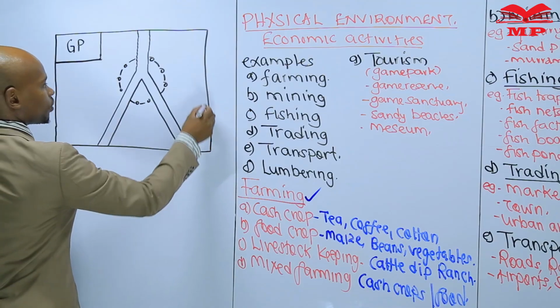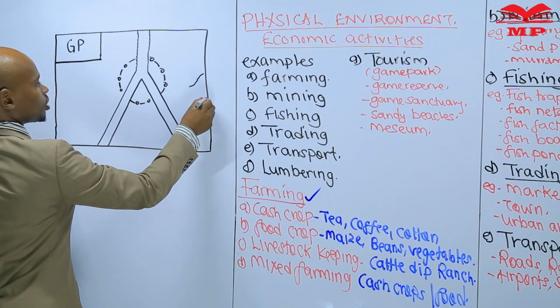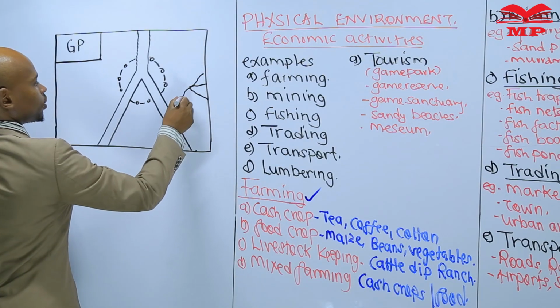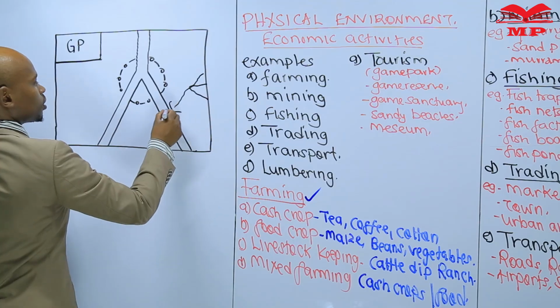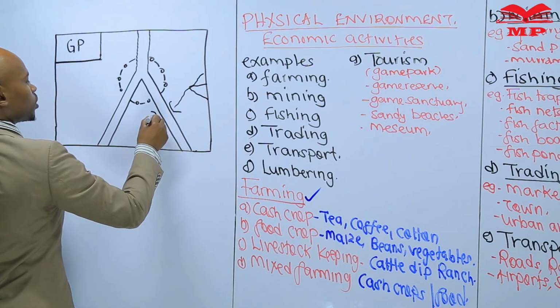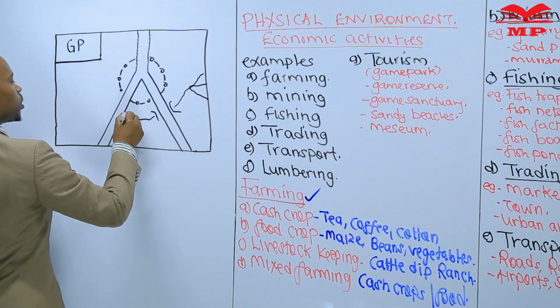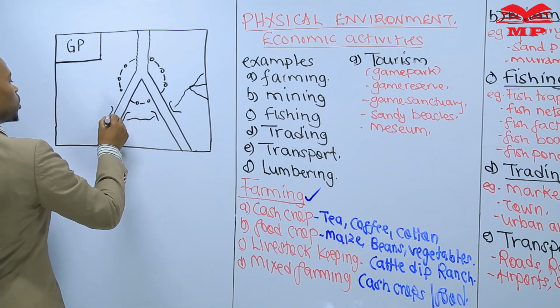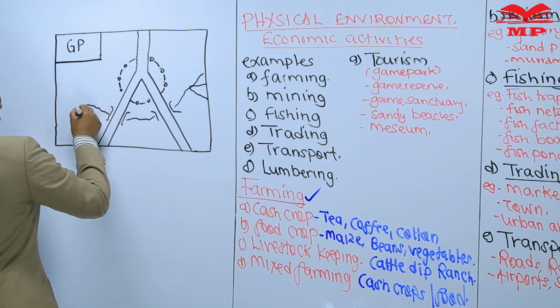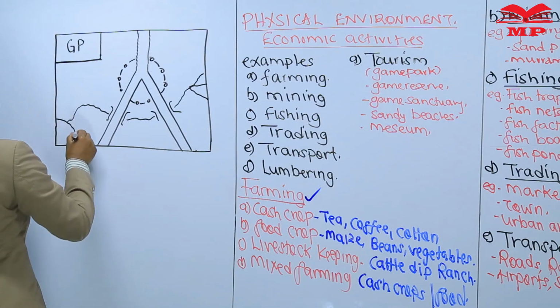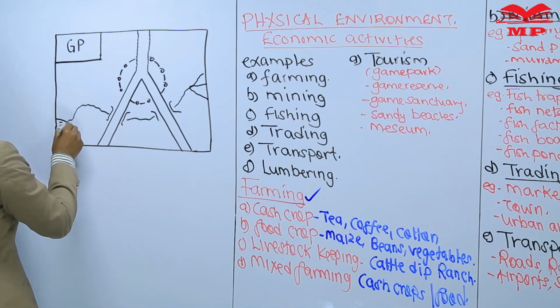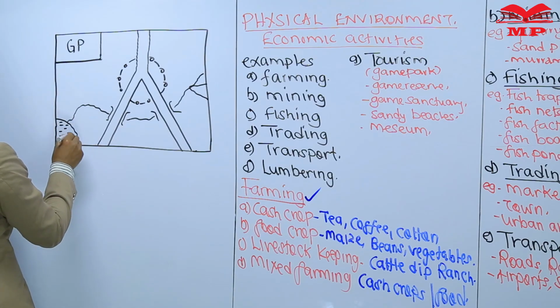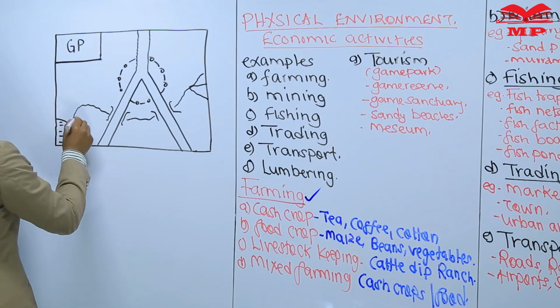We can have a river flowing from maybe this direction. And a lake there, and in the lake we have fish traps.